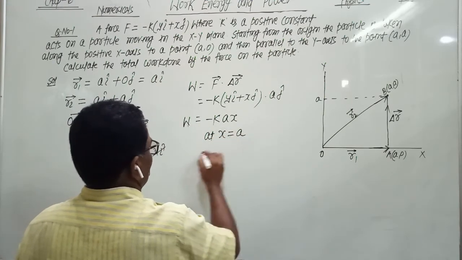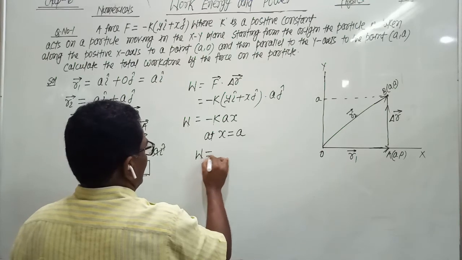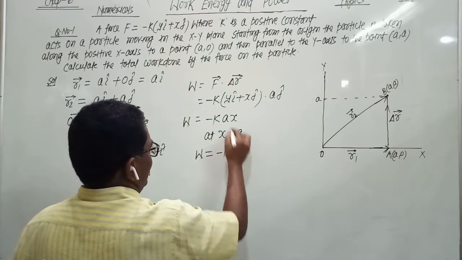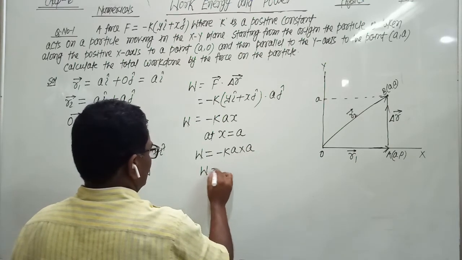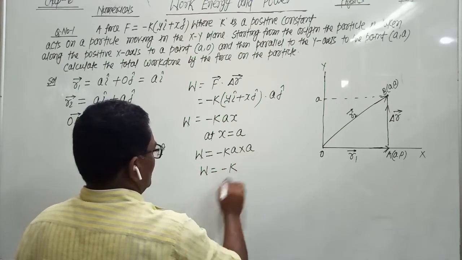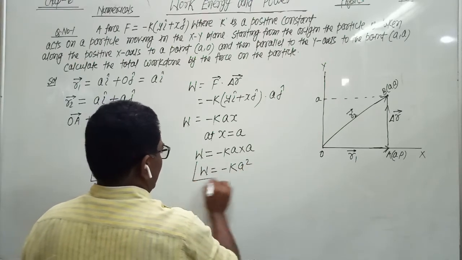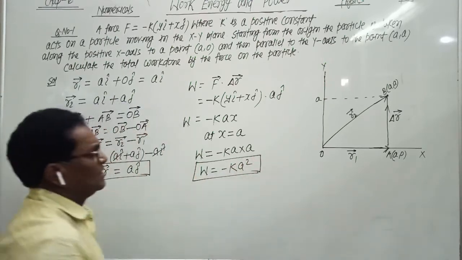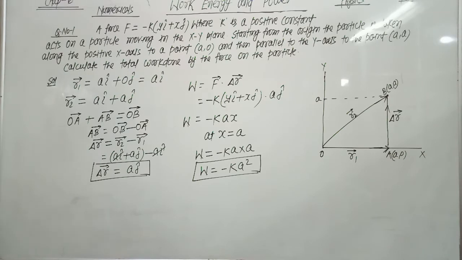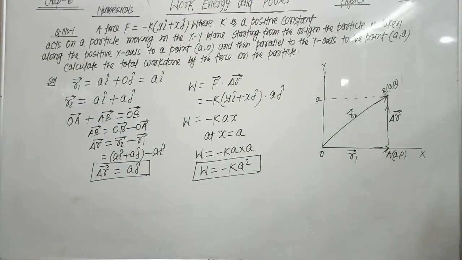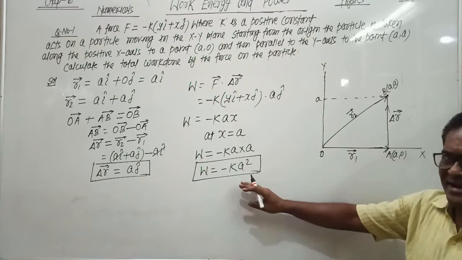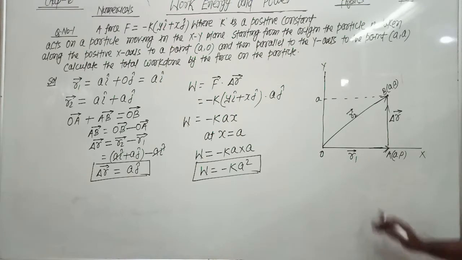So at x equals a, we get the work done equals minus K a, and in place of x we write a. So the result: the work done W equals minus K a squared. So we get the result that the total work done by the force on the particle is minus K a squared.